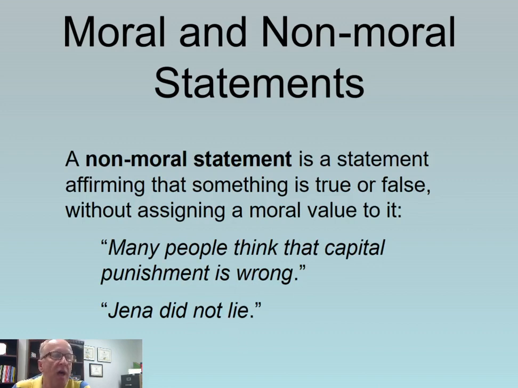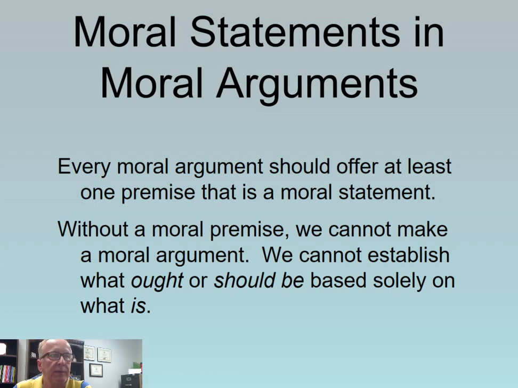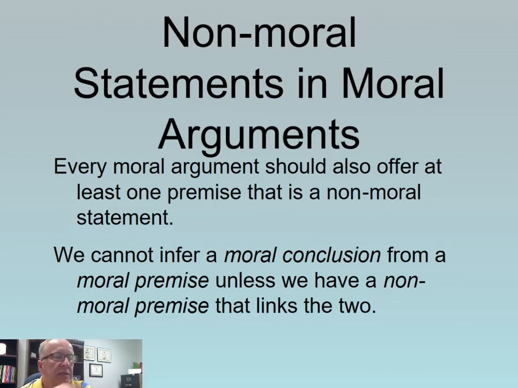These are non-moral statements. Now, moral arguments should offer at least one premise that is a moral statement. Now, without a moral premise, we can't make a moral argument. We can't establish what ought or what should be based solely on what is. So moral arguments should also offer at least one premise that is a non-moral statement.